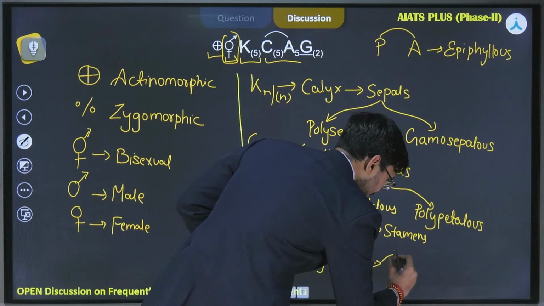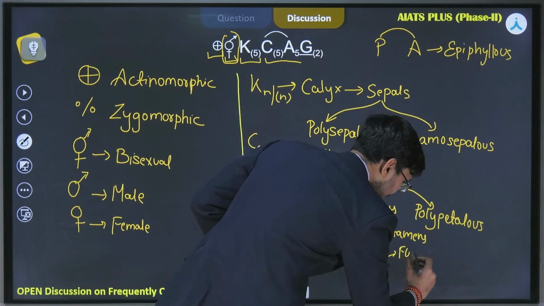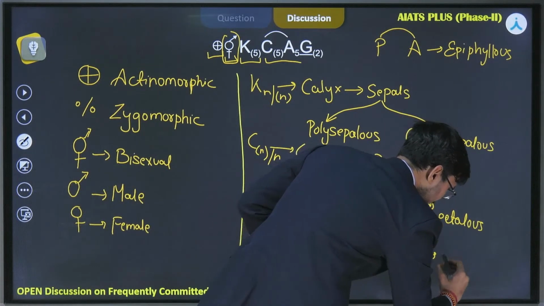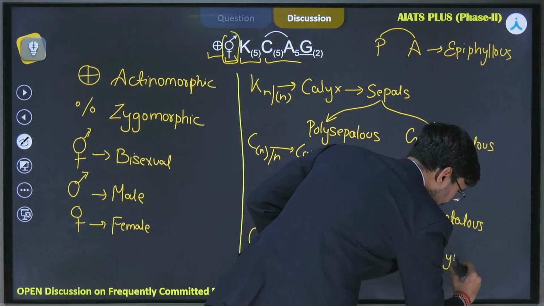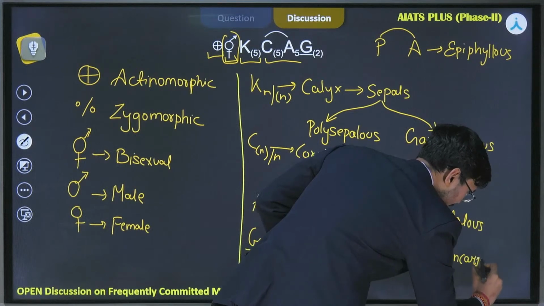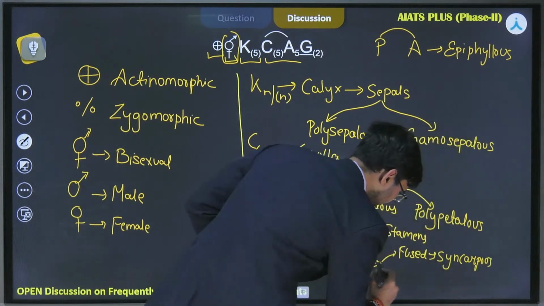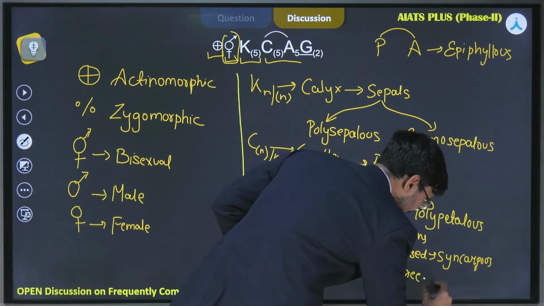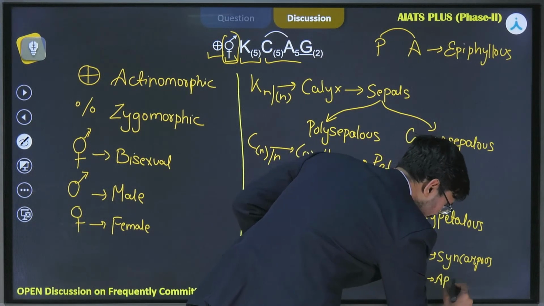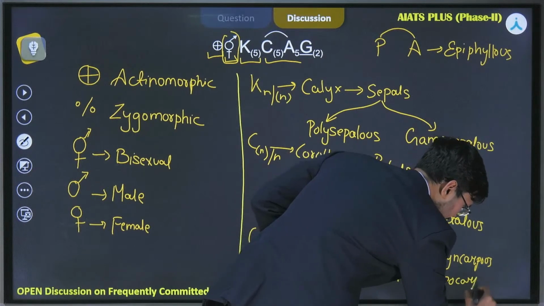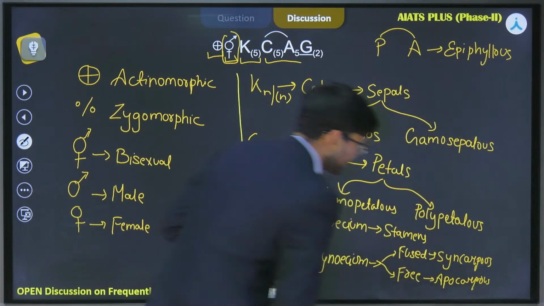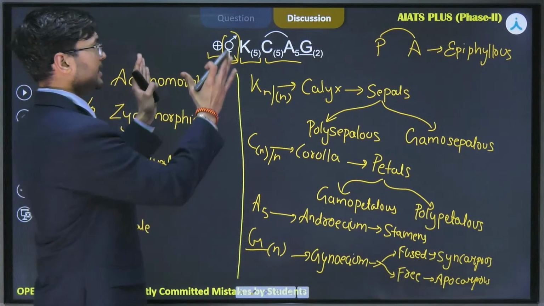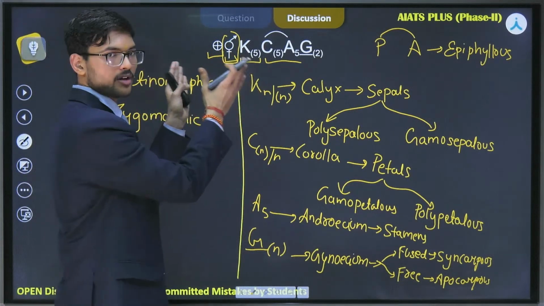If the carpels are fused, then the condition is called syncarpous, and if it is free, then the condition is called apocarpous. Okay. So this much information is stored in this small floral formula.